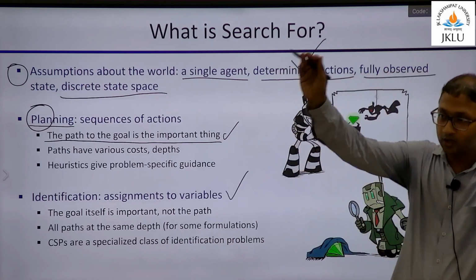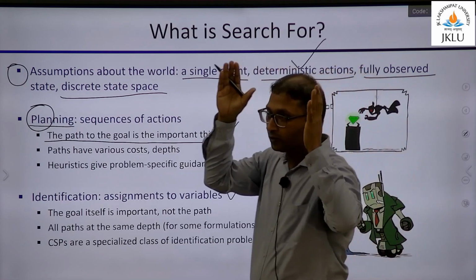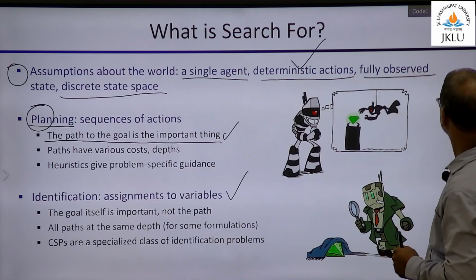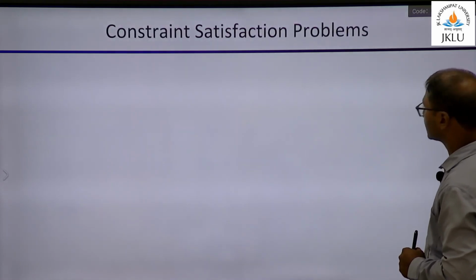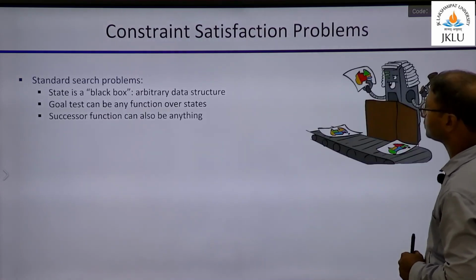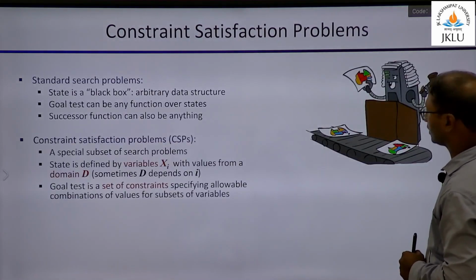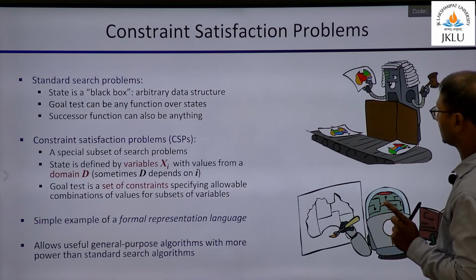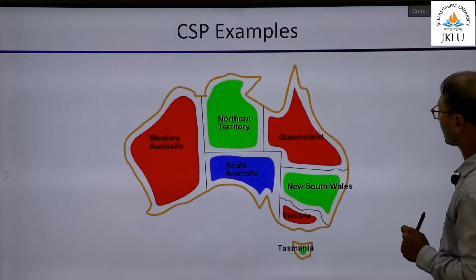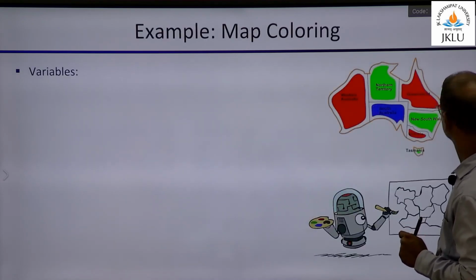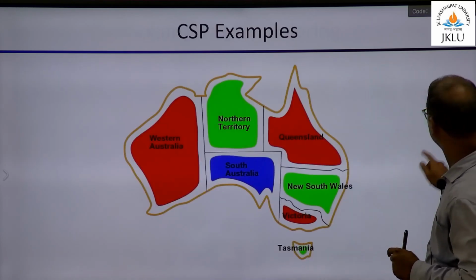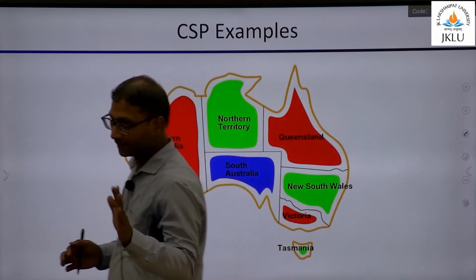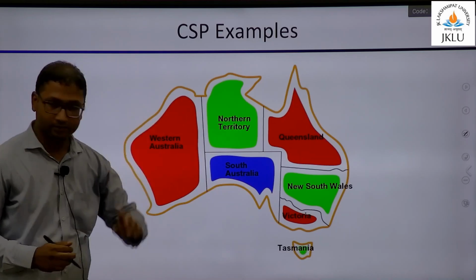Okay, so we have talked about A star in general, and now we are going to shrink our applications. Constraint satisfaction problems. I'll come back to this slide. So let's say I just give you this empty map of Australia, no colors, nothing. Our goal is to color it.